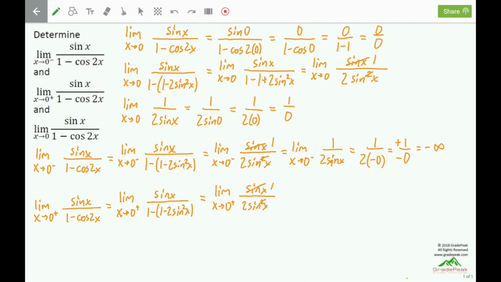The sine from the numerator can cancel with one of the sines in the denominator. Giving 1 over 2 sine x. This time x is approaching from the right side. The right side of 0 is positive angles, but close to 0. This will be the first quadrant in the unit circle. And in the first quadrant of the unit circle, sine is positive. It's approaching 0, and sine of 0 is 0, so it'll approach 0, but it will remain positive the entire time.